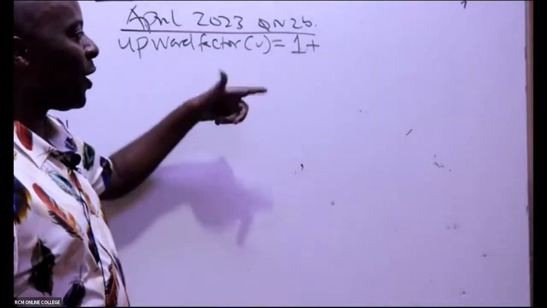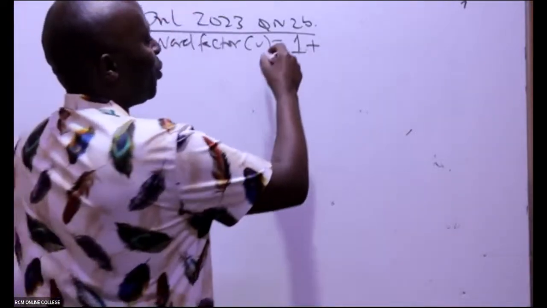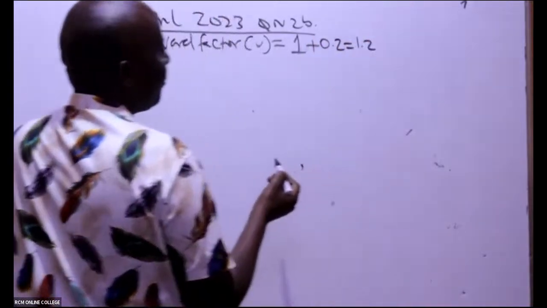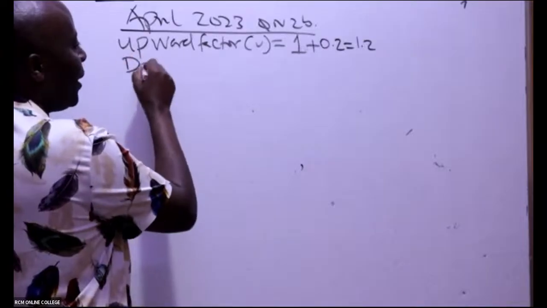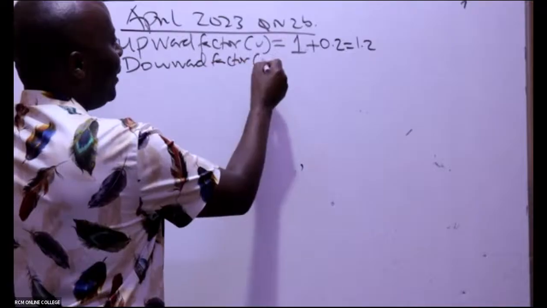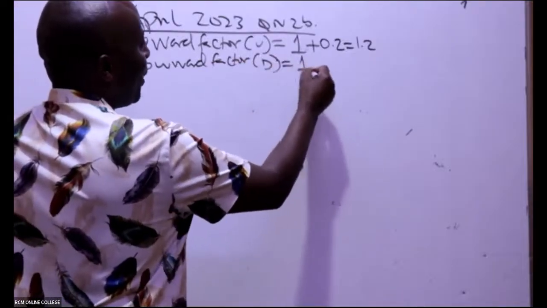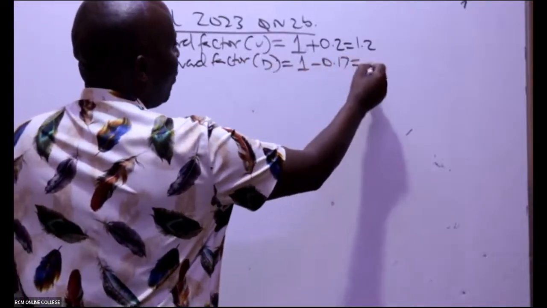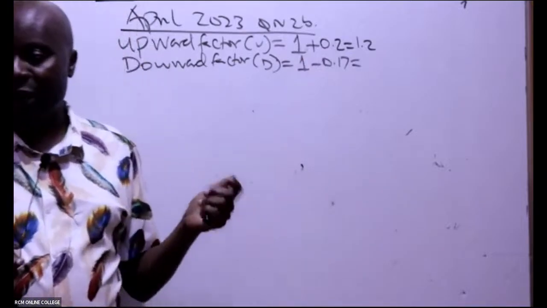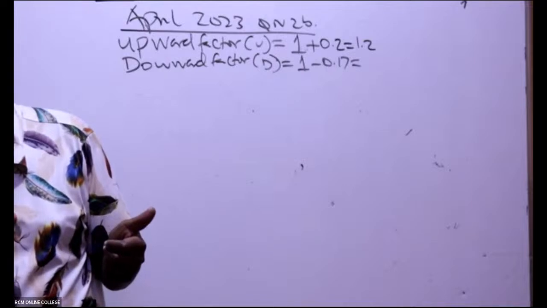So the upward factor U is 1 plus 0.2, which is 1.2. Then we have the downward factor, D. Here our price is going down by 17%. So our D will be equal to what, somebody?